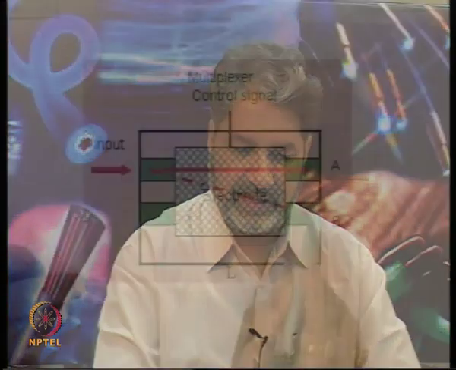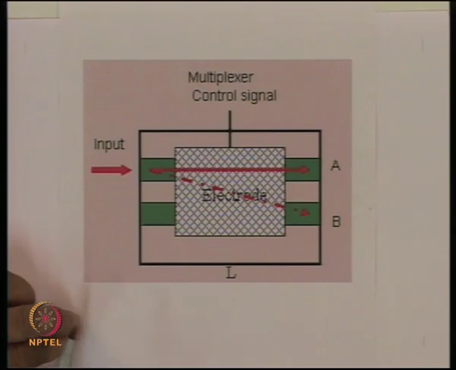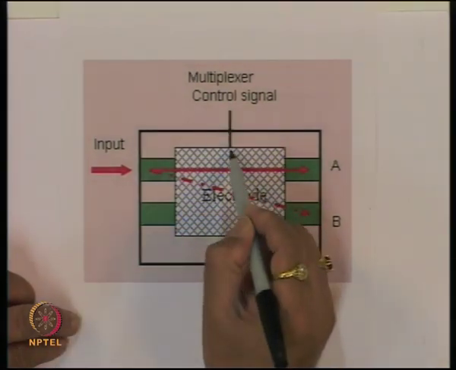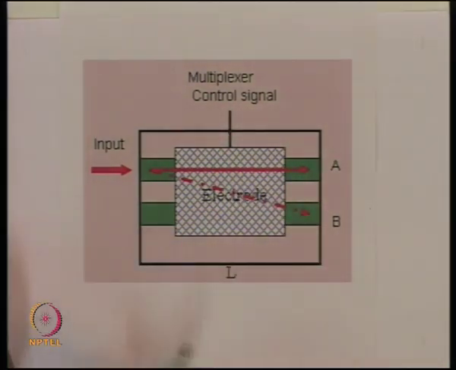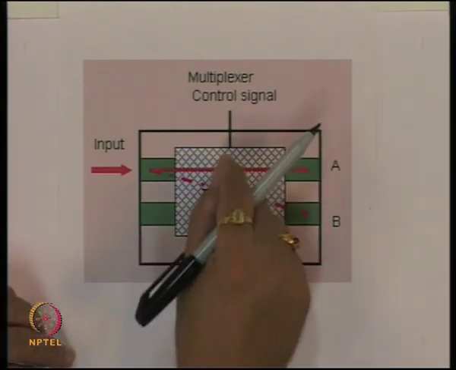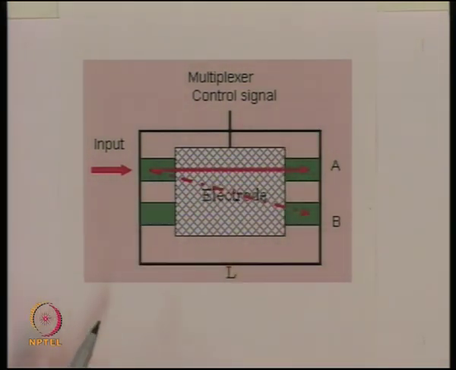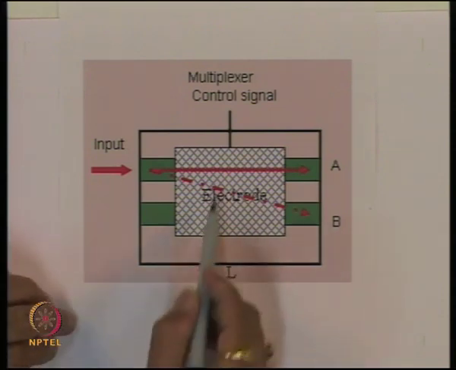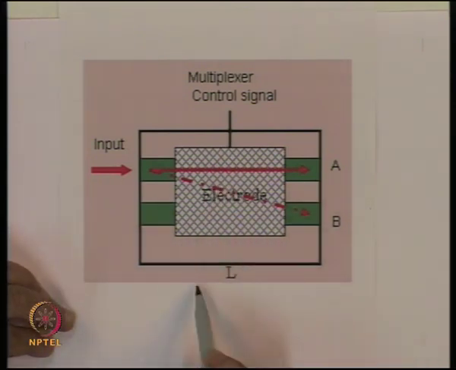We can develop further based on this principle now. Again we take the same configuration here, and now you have got an electrode signal which need not be data, but which is a certain voltage which you can change between two levels, and the level change essentially now changes the coupling length.